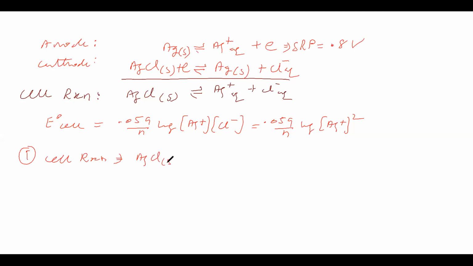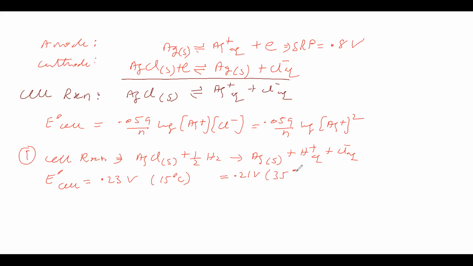That is AgCl solid plus half of H2 gives Ag solid plus H plus aqueous plus Cl minus aqueous. This first cell reaction we have taken. For this cell reaction, E naught cell is given, that is equal to 0.23 volt at 15 degrees Celsius and 0.21 volt at 35 degrees Celsius.